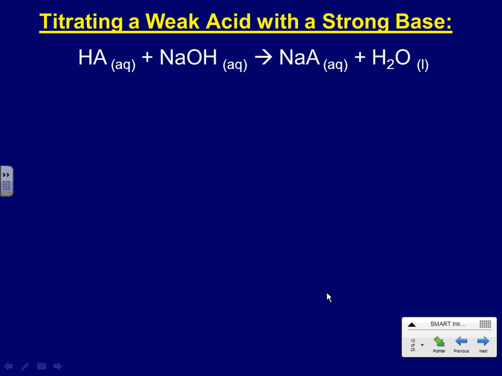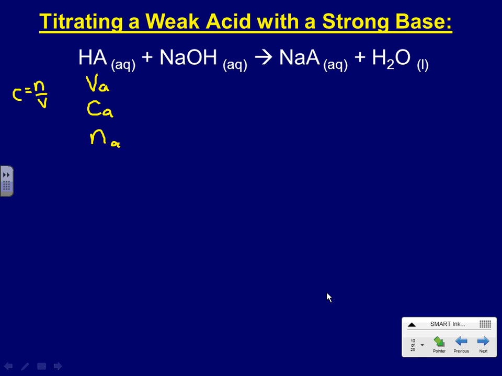Okay? Now, we've analyzed titrations before using good old-fashioned stoichiometry. But this is going to take something a little different. I'm going to treat it a little differently. I'm going to start with a certain volume of acid, a certain concentration of acid, and from the concentration and the volume, using C equals n over V, I should be able to multiply those and get the number of moles of acid.